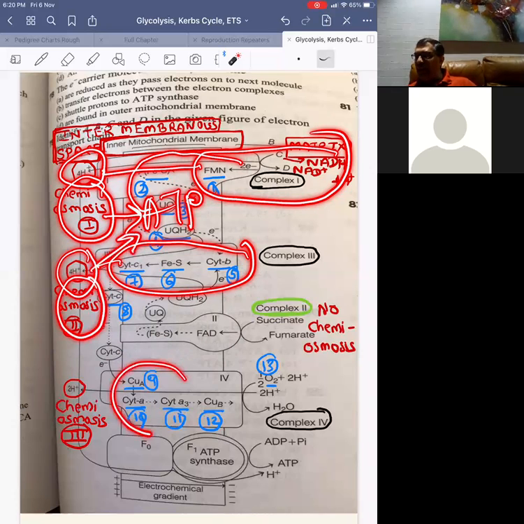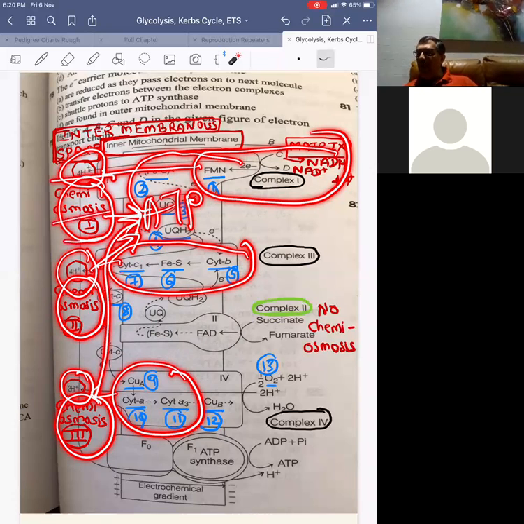Similarly, A और A3 के बीच में प्रोटॉन पुश आउट होता है एंड उससे chemiosmosis 3 होता है, उससे भी ATP बनता है. तो chemiosmosis 1 ATP, chemiosmosis 2 उससे भी ATP, chemiosmosis 3 उससे भी ATP.